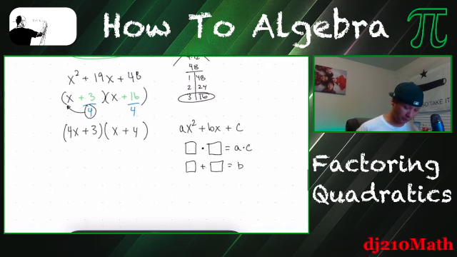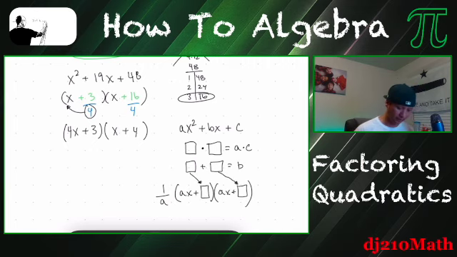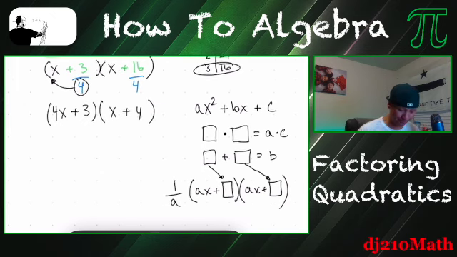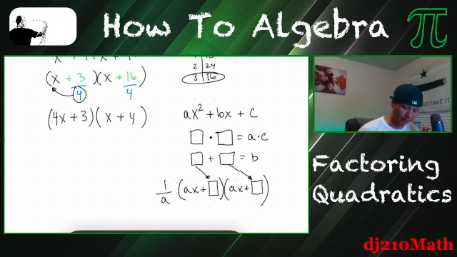So when you find those two numbers, if you're a formula person, this is basically what's happening. But I know it kind of looks crazy, right? But notice what's happening is you have to divide by the a. And when it doesn't divide cleanly, the a goes in front of the x. So notice if you were to distribute this, the 1 over a and the a would actually cancel out.